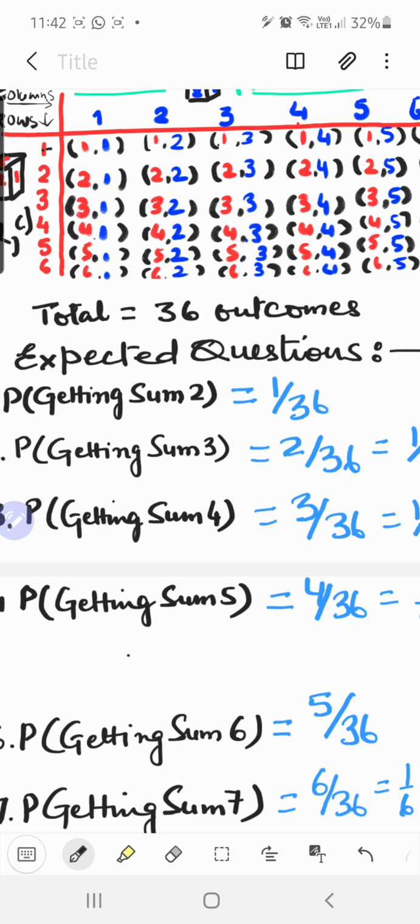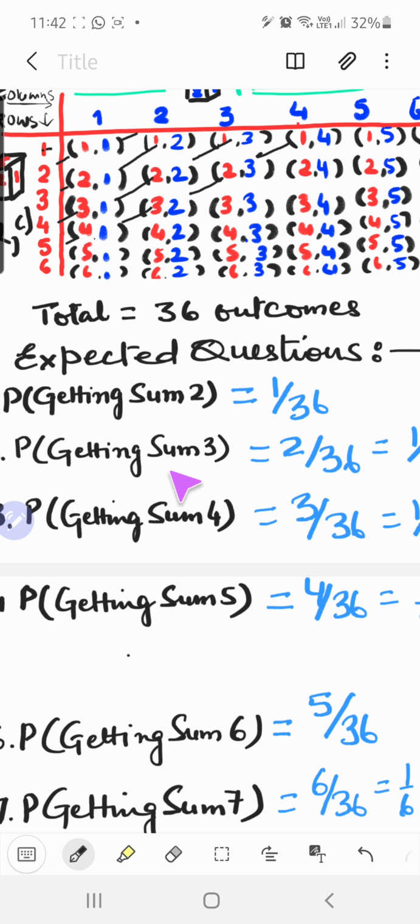When we are talking about sum, we will move diagonally, like this. So when I am talking about sum 2, there is only one outcome. So one favorable upon total 36 outcomes. Therefore, the probability is 1 by 36.